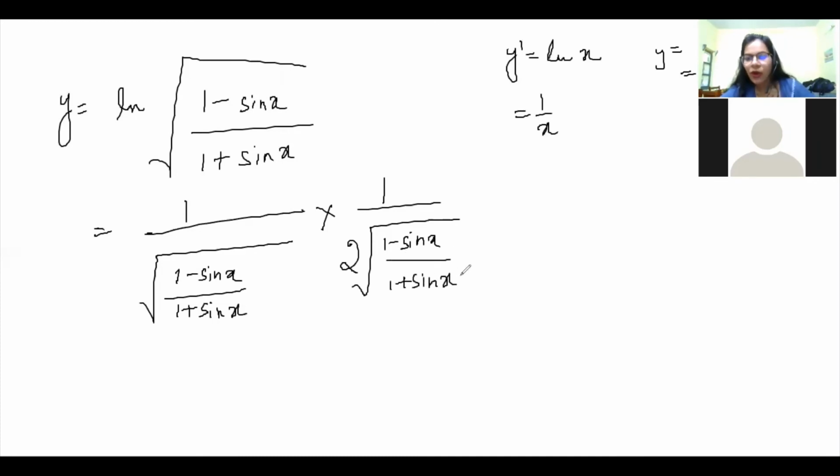I know this is going complicated, but it's actually simple. You just need practice. So this becomes 1 by 2 root of (1 minus sin x) by (1 plus sin x).